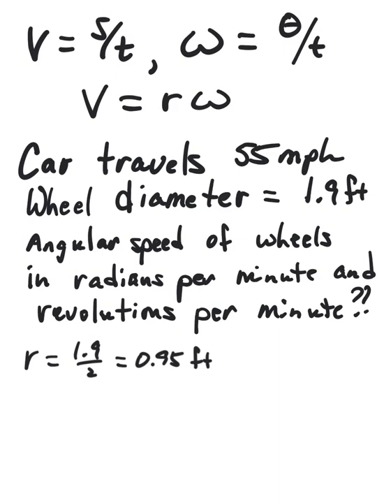Additionally, let's change the linear velocity of 55 miles per hour into feet per minute. V is given as 55 miles per hour.